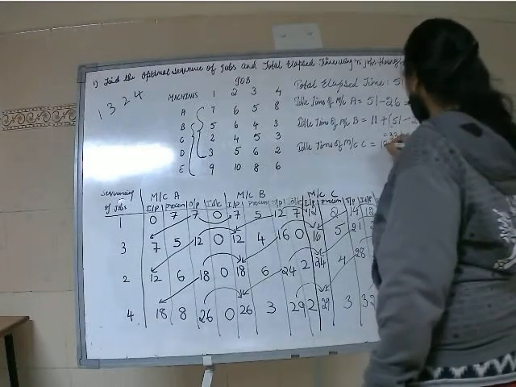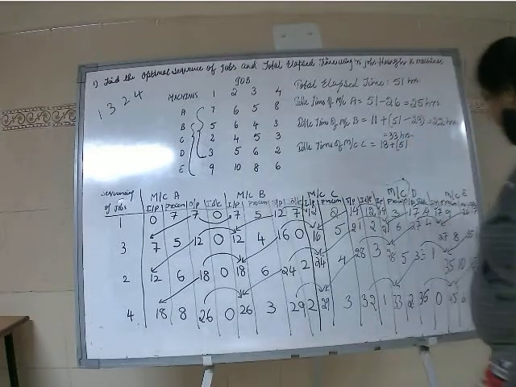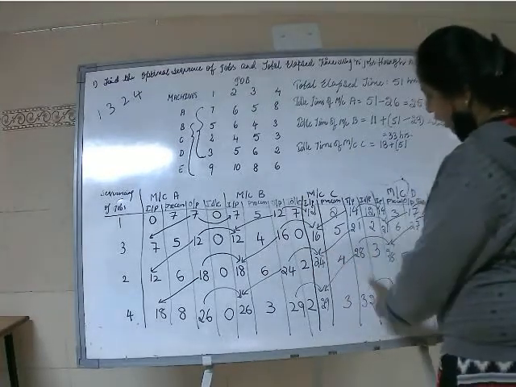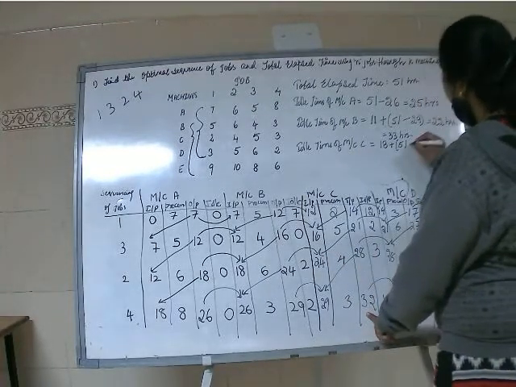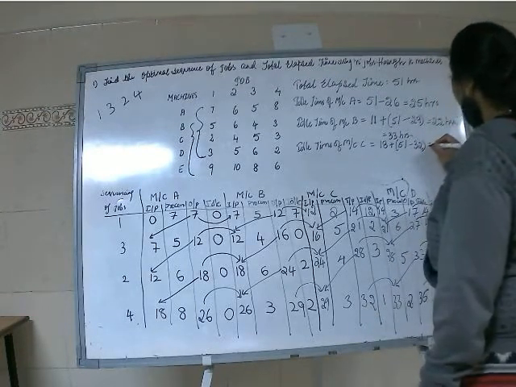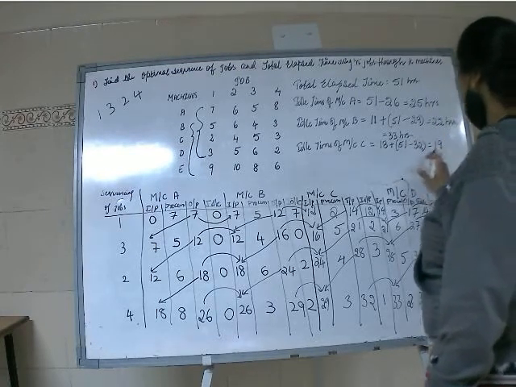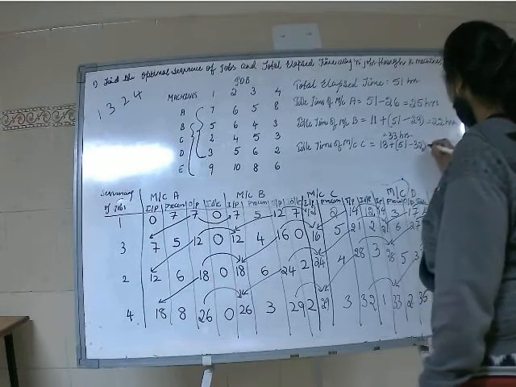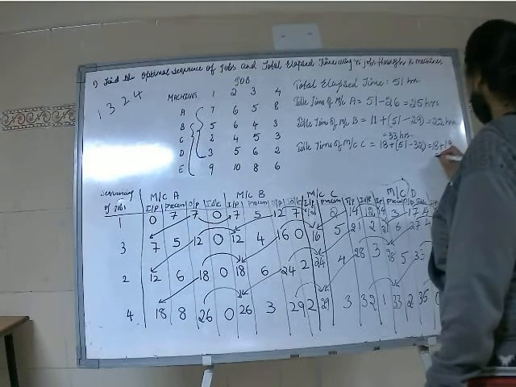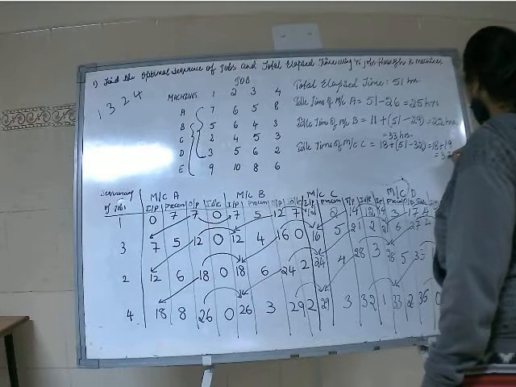So it's 18 plus 51, that is the last output of machine E minus the last output of machine C, that is minus 32. When I subtract, I will be getting it as 19. So I need to add them now. First thing is I need to add, that is 18 plus 19, which gives me 37 hours.